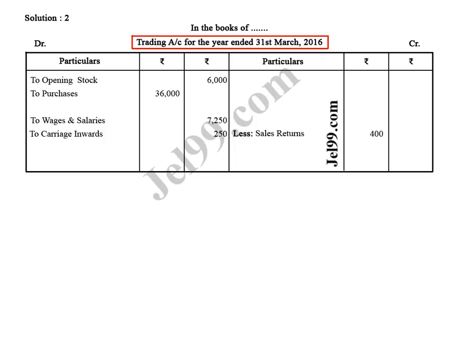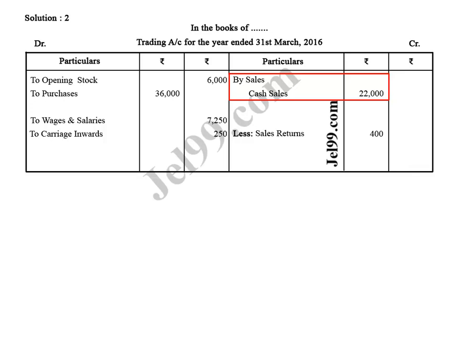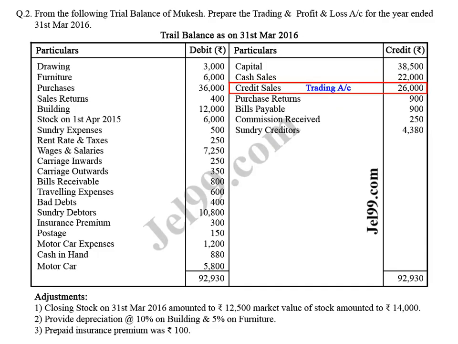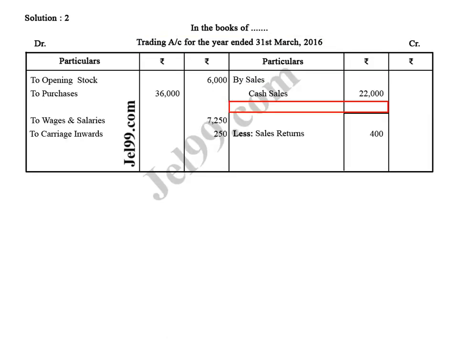trading account, credit side, under the heading of by sales as cash sales of rupees 22,000, then credit sales of rupees 26,000, this is shown in trading account, credit side, under the heading of by sales as credit sales of rupees 26,000.